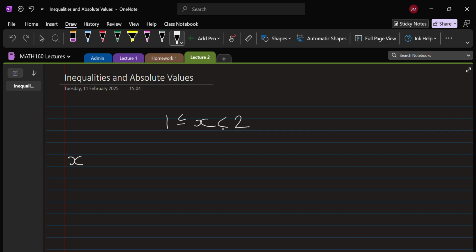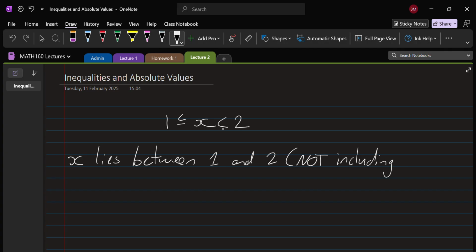So in words, we can say x lies between 1 and 2, and just to qualify that, definitely not 2, so not including 2. But we didn't say anything about 1, so x can be 1.